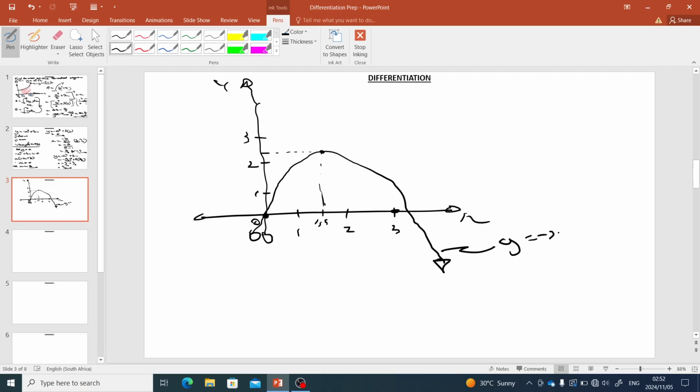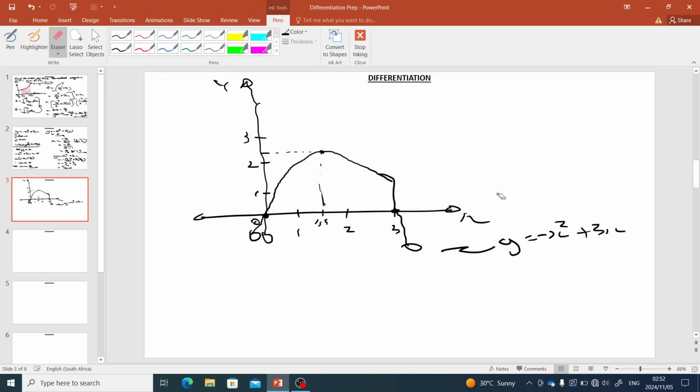It has to come here on 3, but because of my writing skill, it is horrible. My drawing skills are horrible.